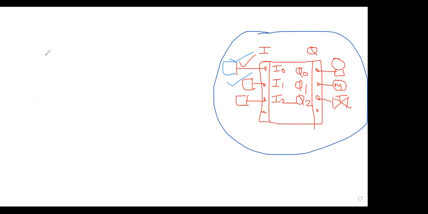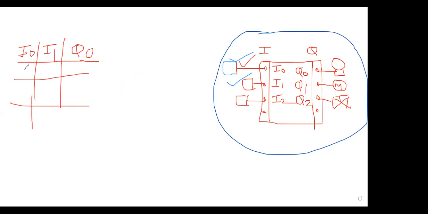So please make this program very fast. After this, I shall give you another example, which will have many inputs, many outputs. So I0, I1, and Q0. What is the condition? When you press only I0, Q0 will be on. When you press only I1, Q0 will be on.